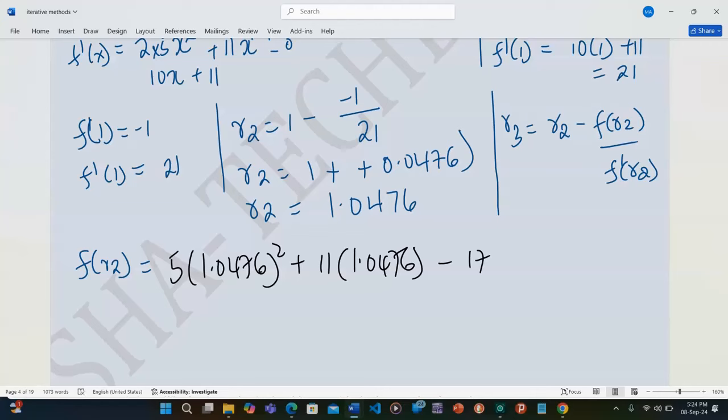I have 5 times 1.0476 squared plus 11 times 1.0476 minus 17, and this is giving me 0.0010928. Make sure that you keep at least 4 or 5 decimal places so that you maintain a good level of accuracy.